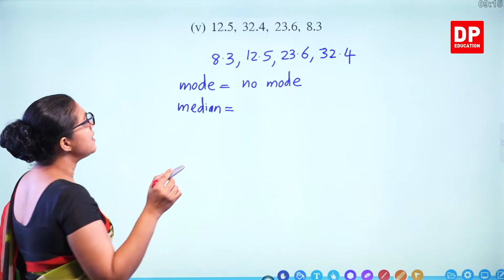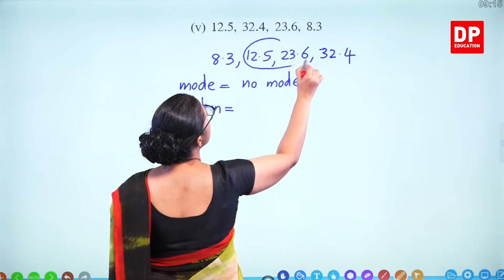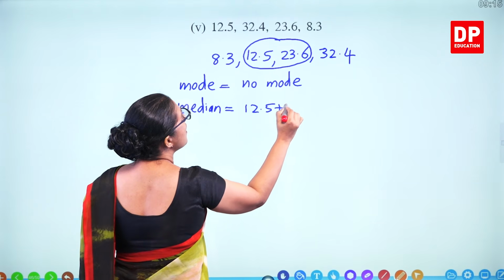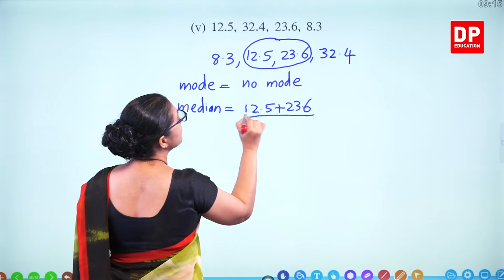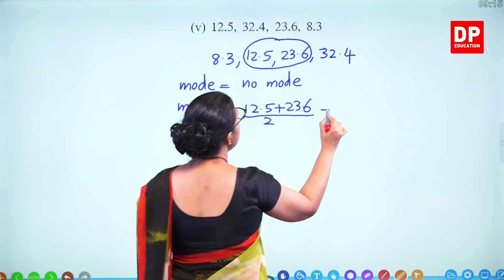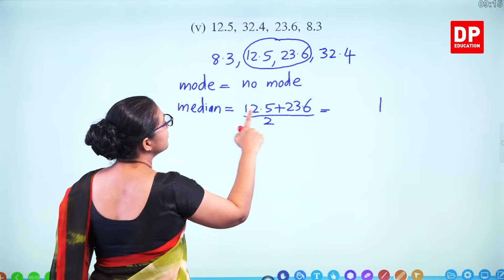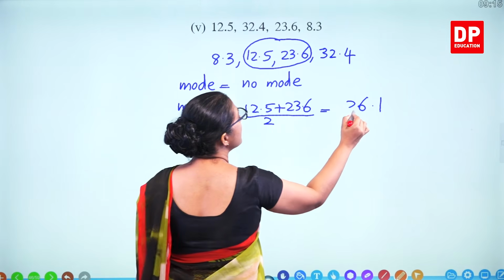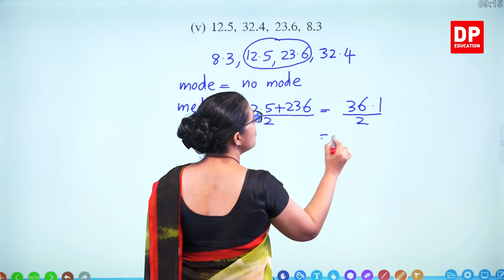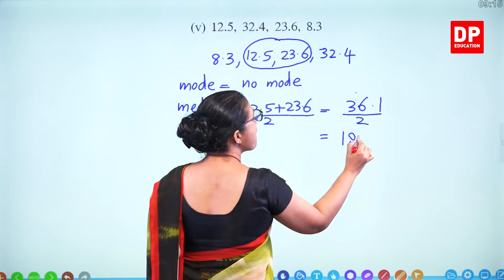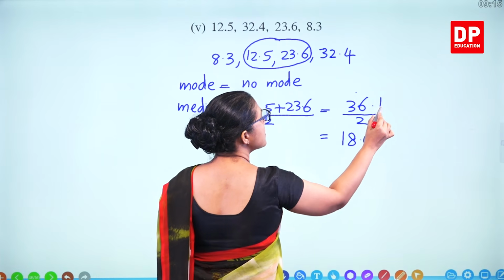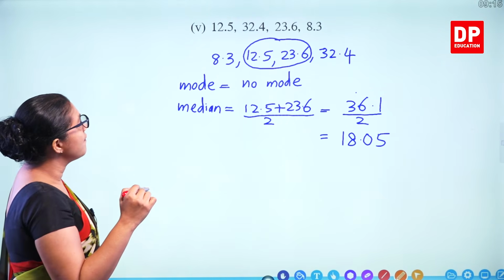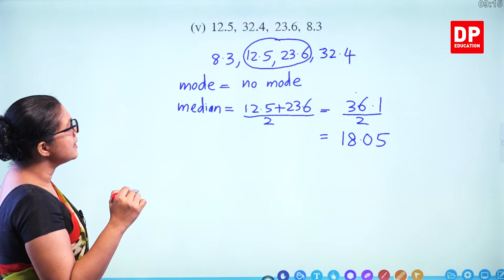So you get two middle numbers. You can say straight away add these two and divide by 2. Add it. 6 here and 3. So divide by 2 and here 0 and 5. So 18.05 is the median value.